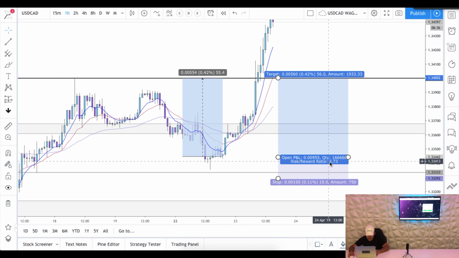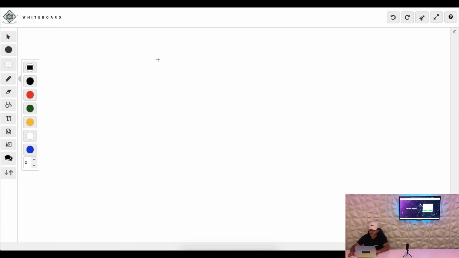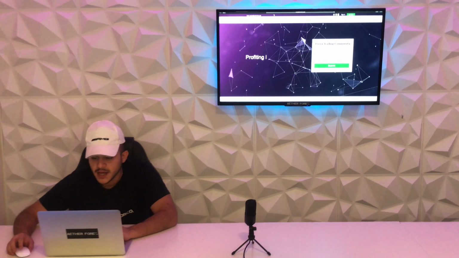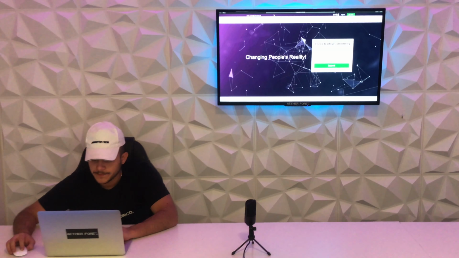So you can see that your risk reward is 3.73, meaning that for a dollar you are willing to lose, you are going to get 3.73 back. In this case 15 pips, I will get 56, and that was a successful trade.